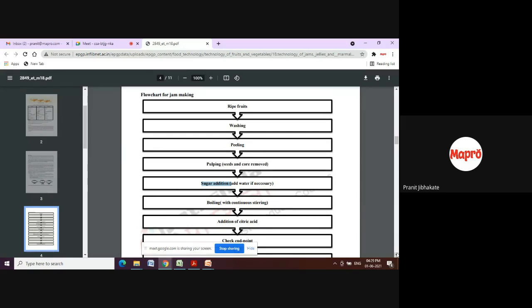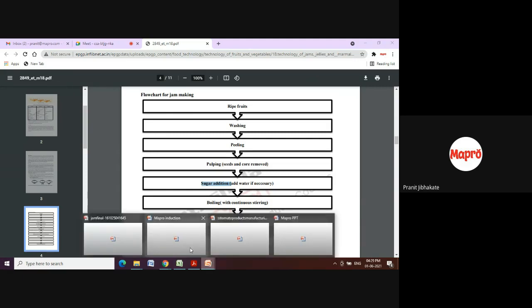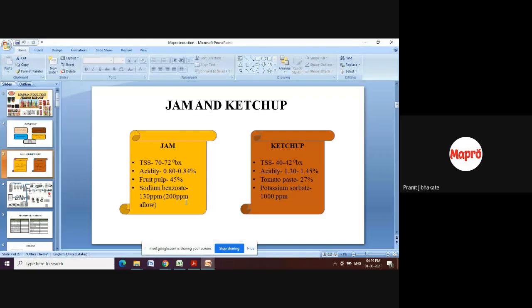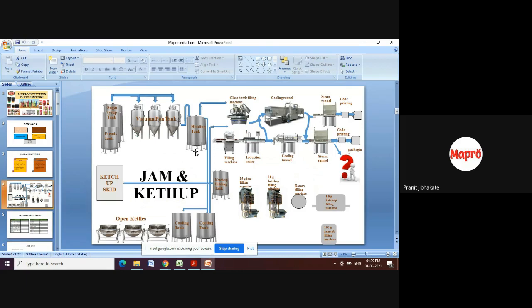I'll show you the pictures. One second. Here. So these are the open kettles. Here we can also make jams, and these are the vacuum pans.